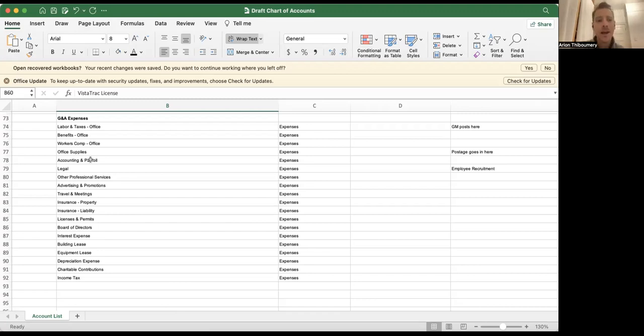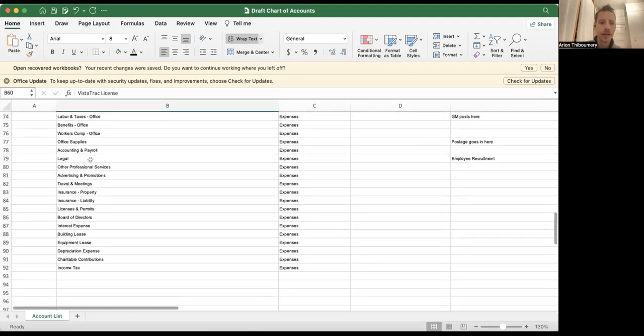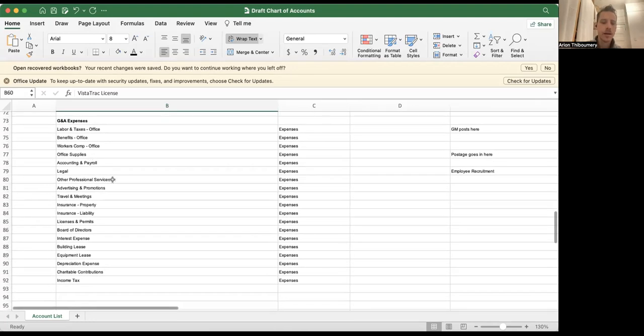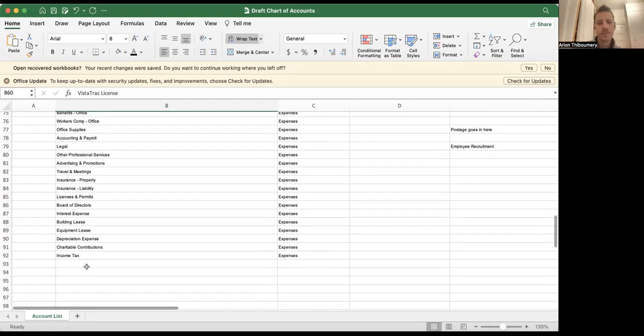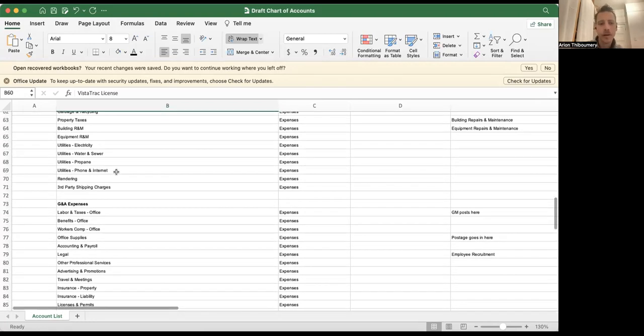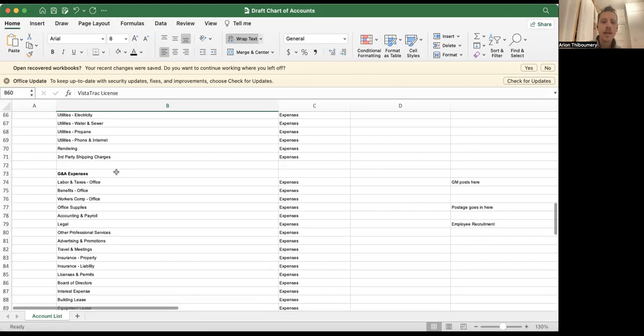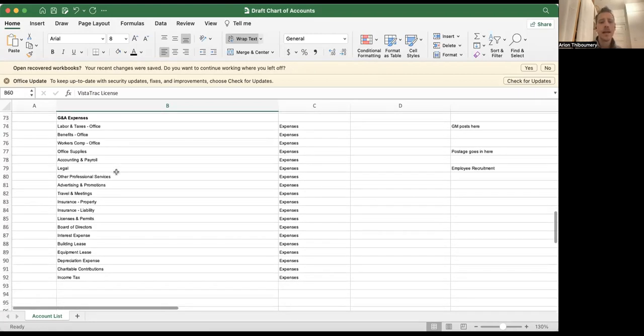So that's where things like insurance, legal fees, interest expense, depreciation expense, building and equipment lease are related to the corporate entity. But those could arguably go in the other category. So that is a way that I like to organize some of these things.